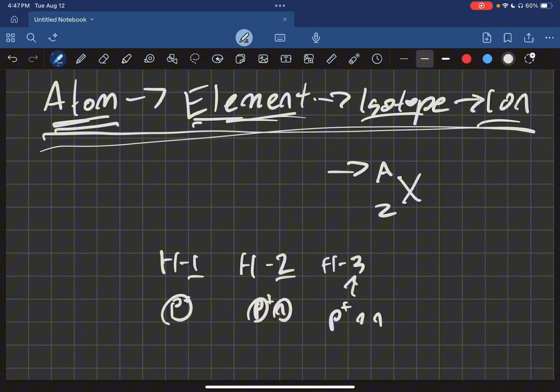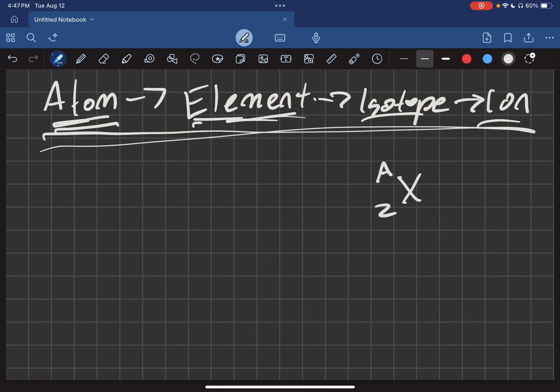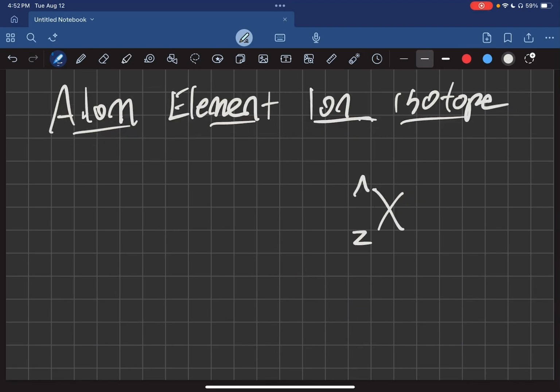This A will give you that. This will tell you how many protons there are plus how many neutrons there are. So you can figure out how many neutrons there are by taking A minus Z, because A will be protons plus neutrons and Z will be protons. So that should equal neutrons.